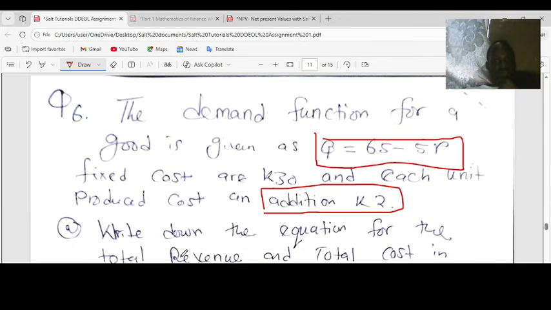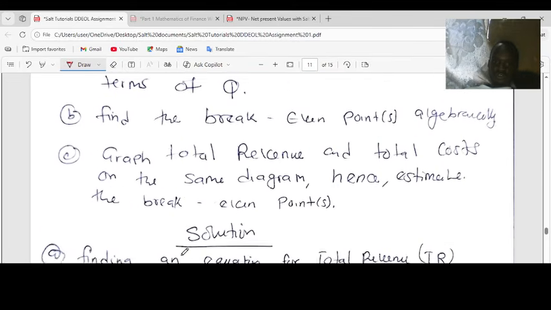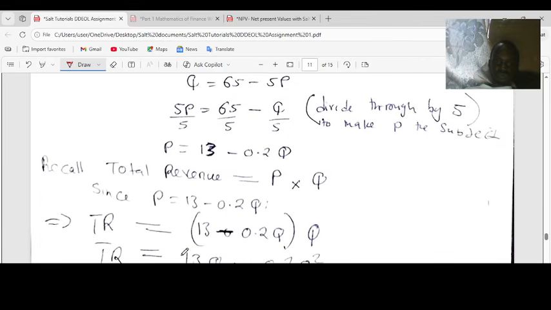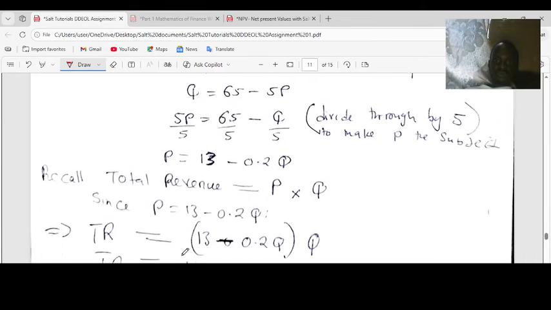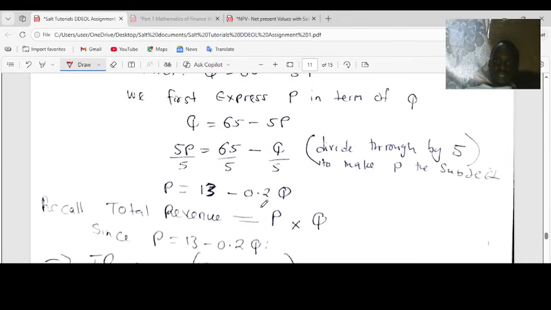Total revenue is the amount you receive. If you take yourself as the business person, total revenue is simply the amount you're going to receive from your business. This total revenue is coming from the concept that it is price times quantity. If you're selling pens, total revenue is coming from the pens you are going to sell.